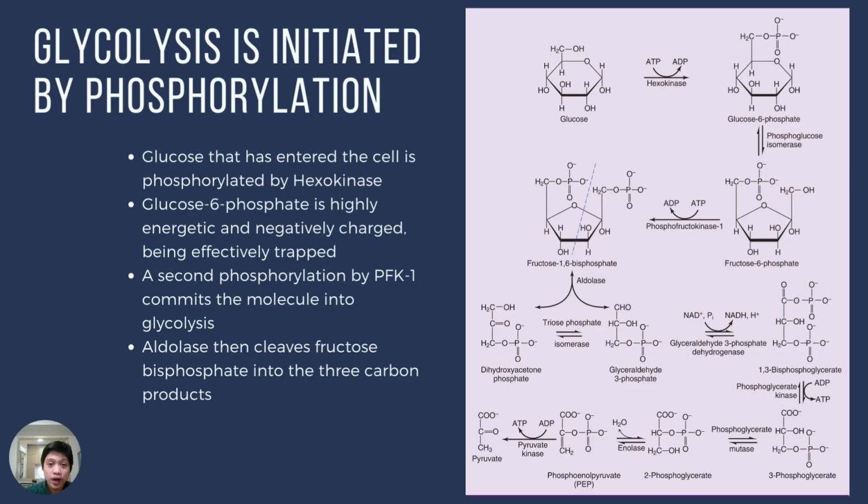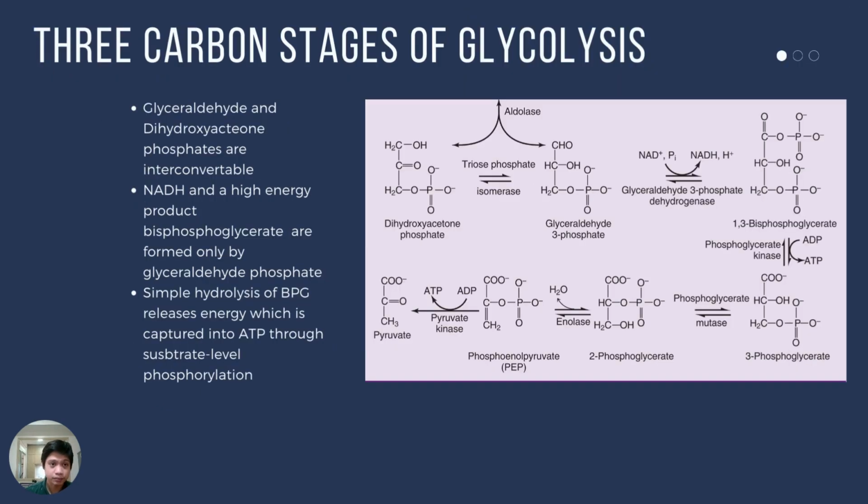You have to look at the arrow again. Dihydroxyacetone phosphate and glyceraldehyde 3-phosphate are represented by a bidirectional arrow, which means that they are also in equilibrium and they can interconvert with one another. And that is through the enzyme triose phosphate isomerase.